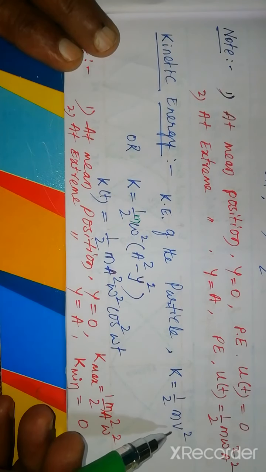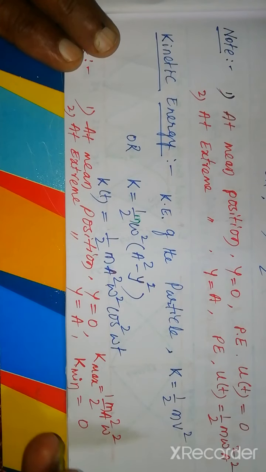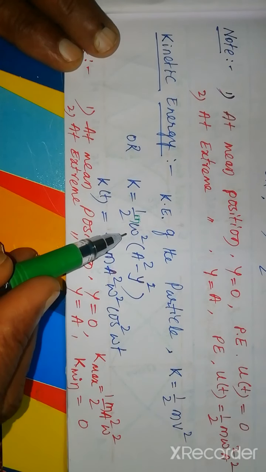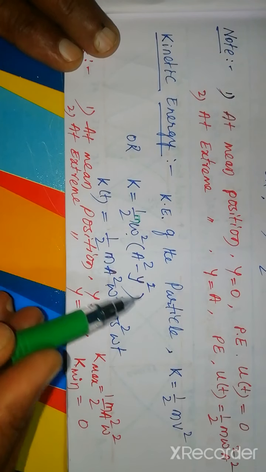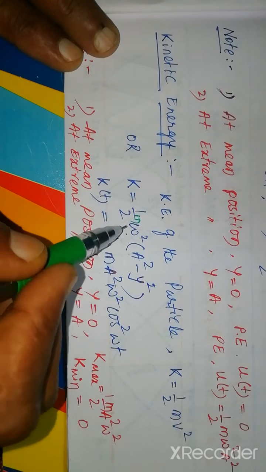Substituting for v, the velocity, v equals omega under root a square minus y square. For v square it is omega square, and the root gets cancelled, so a square minus y square: half m omega square, a square minus y square.